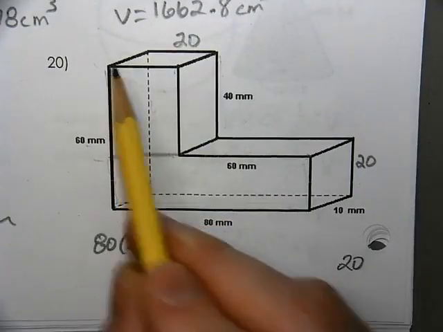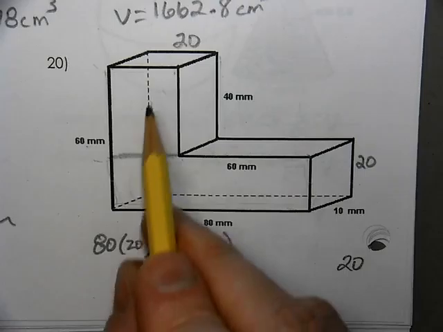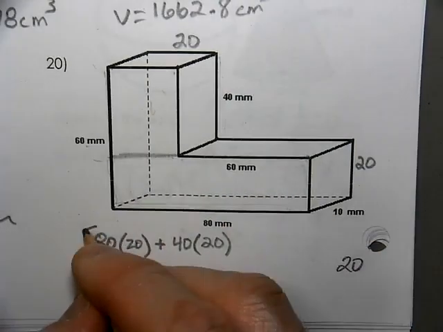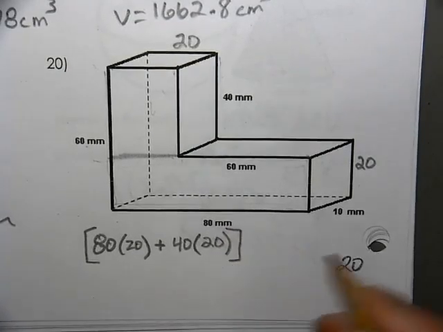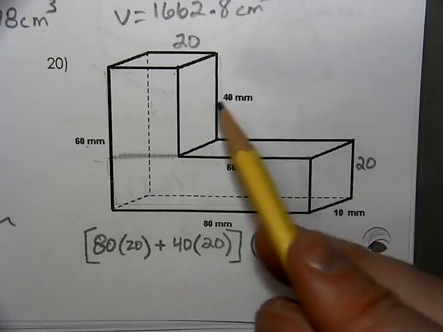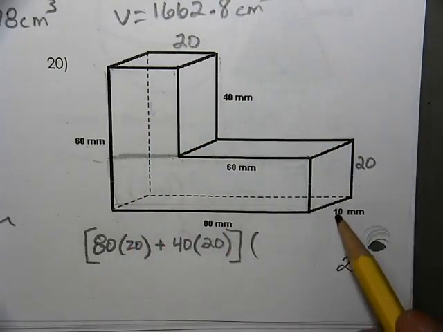So it's 40 by 20. So that's the area of this L shape. And then we're going to take that and multiply it by the depth. How far back does that L actually go? That's 10.